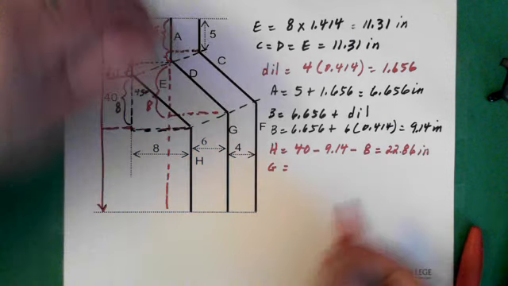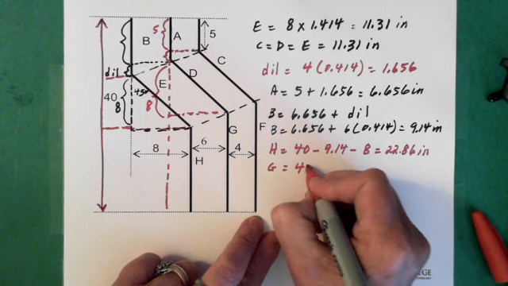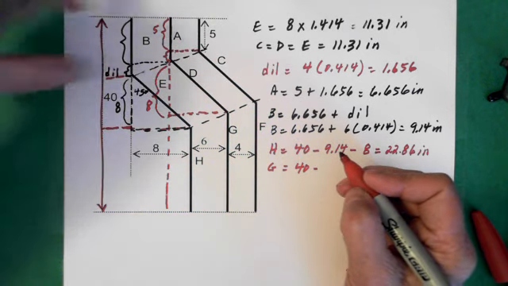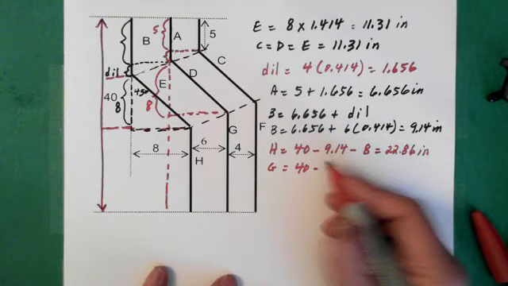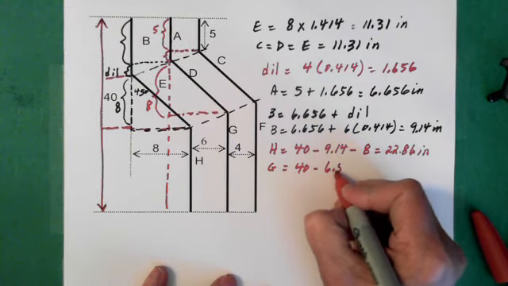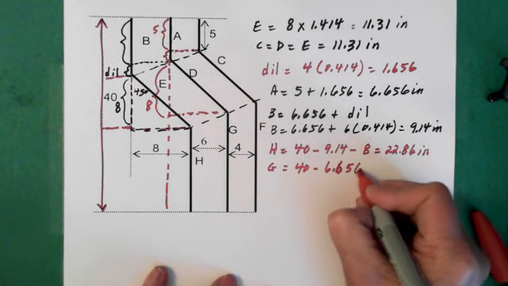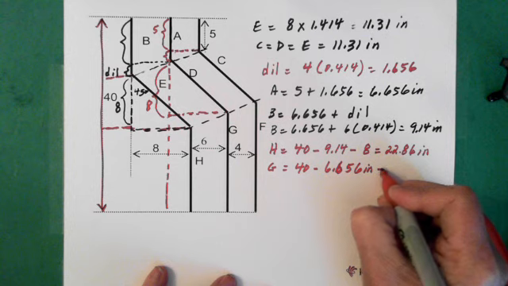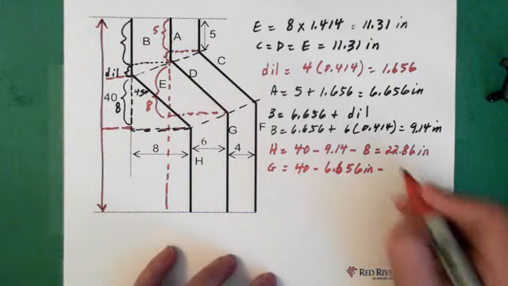All right? So then G is the total, the 40 inches, minus the length of A. All right? And A was 6.656 inches. And then minus the length here, which was the 8.